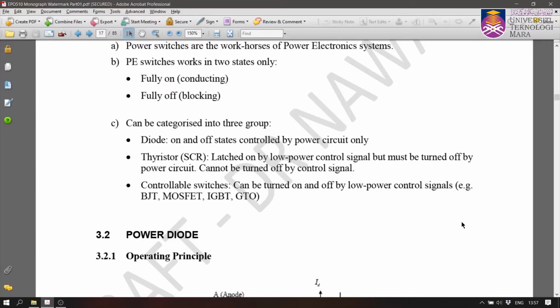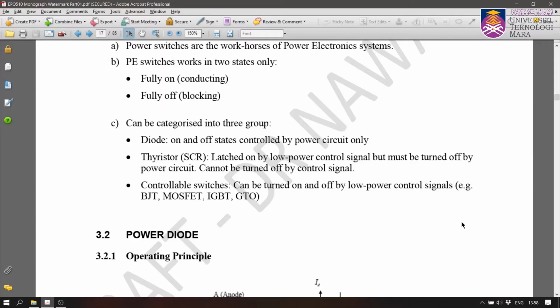It behaves like the diode after that, whereby it waits for the output voltage to be reversed, and then the current also reverses, then it will turn off. So the thyristor is a half controlled device whereby you can only control the turn on.